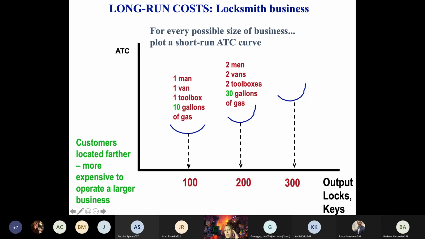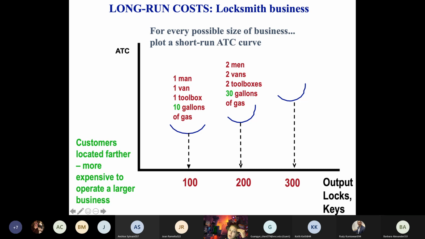So the costs of production are actually not doubling; they're more than doubling. If we double our output, it may happen that our cost of production will more than double because you have to go out to longer and longer distances, and it takes time and expenses.